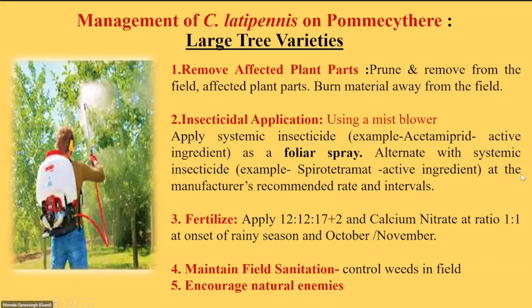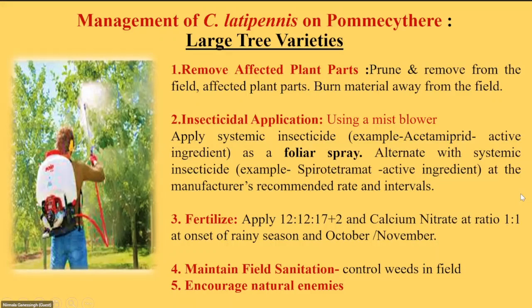Number 2, apply insecticide using a mist blower. Apply systemic insecticide, example acetamiprid, active ingredient, as a foliar spray. Alternate with systemic insecticide, for example, spirotetramat, active ingredient, according to manufacturer's rate and intervals.